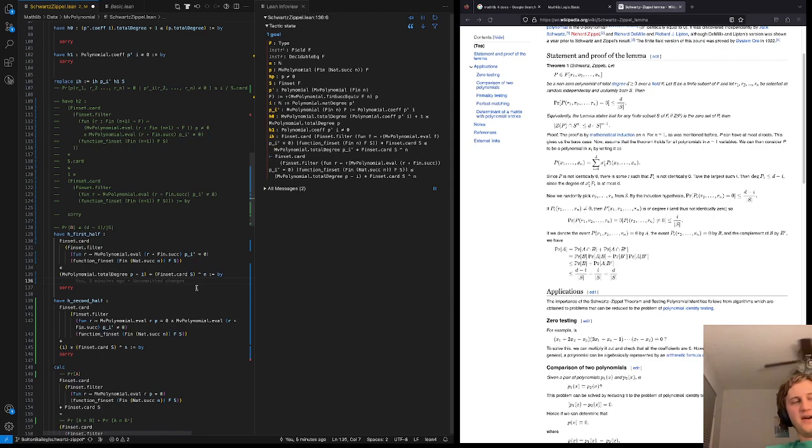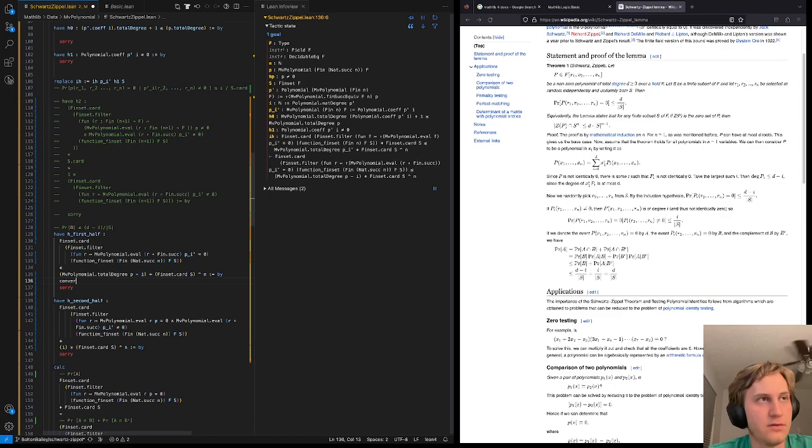The point is that there's supposed to be some sort of bijection between them, right? Okay, how do I convert, right? It's convert IH.